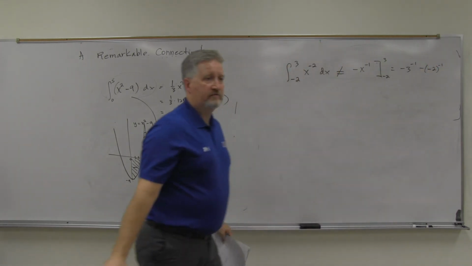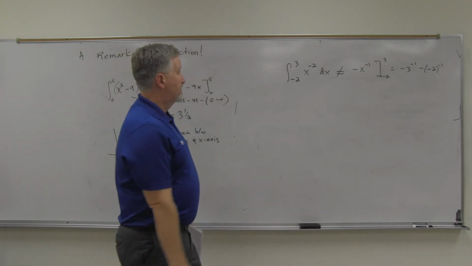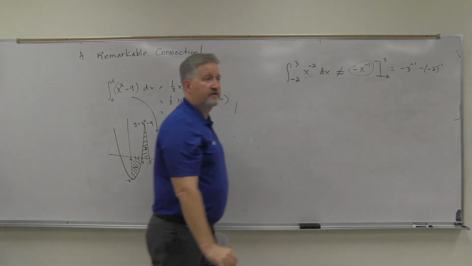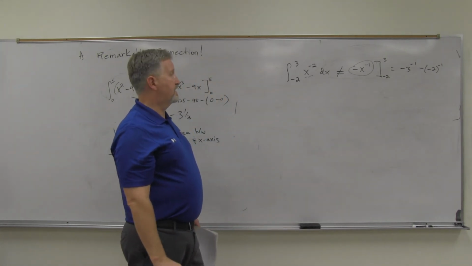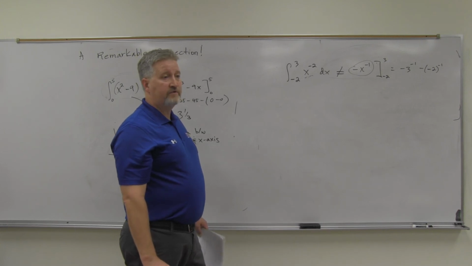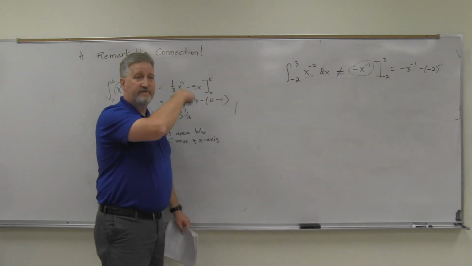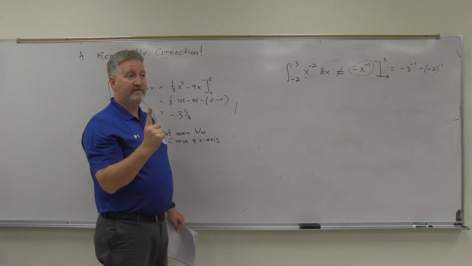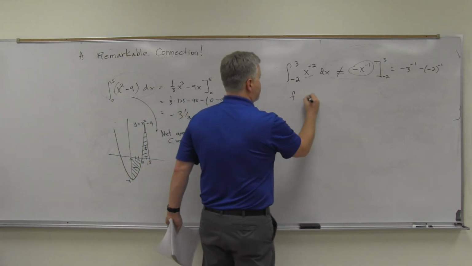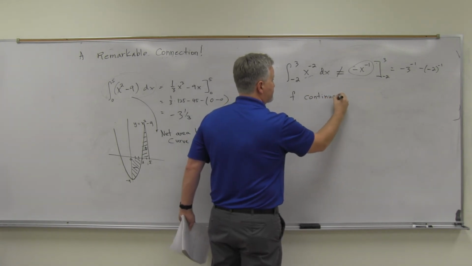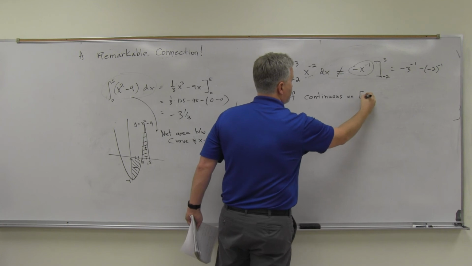Does not equal that. That is the antiderivative of x to negative 2, isn't it? But why do you think I'm saying it's not equal? Why can't we do that here? Well, remember on the definition, f has to be what from A to B? Continuous. For this to work, f has to be continuous on AB. Is that true here?